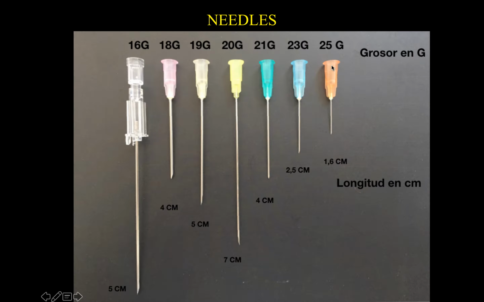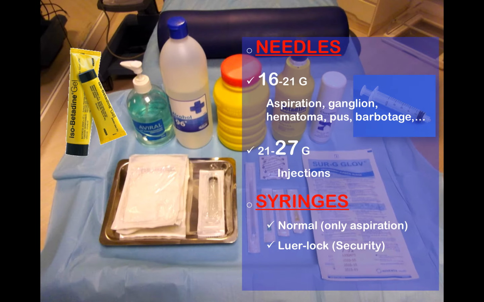The most used are the 20 gauge, 7 centimeters for the shoulder and for the hip, and normally for all other options, the 21 gauge and 4 centimeters length. As we see when we speak about needles, when we make aspiration of ganglions or hematoma, we normally use thicker needles between 16 and 21, and for injections between 21 and 27. Syringes almost always use the Luer lock connection.